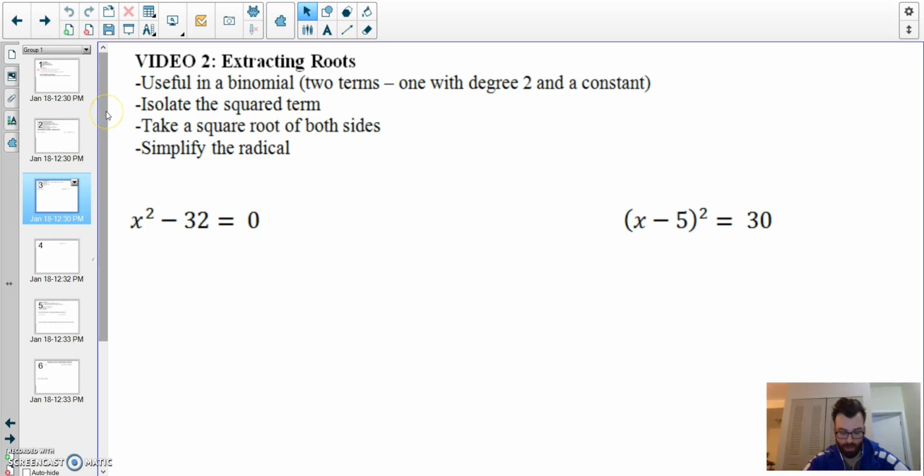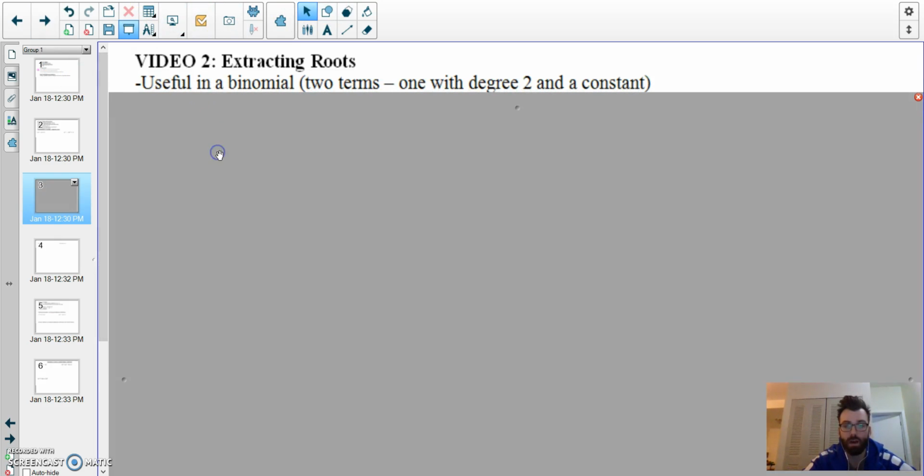Okay, so we're going to go to video 2 part, extracting square roots. When extracting square roots, it's very useful to have a binomial, 2 terms, one that has a squared term and one with a constant.